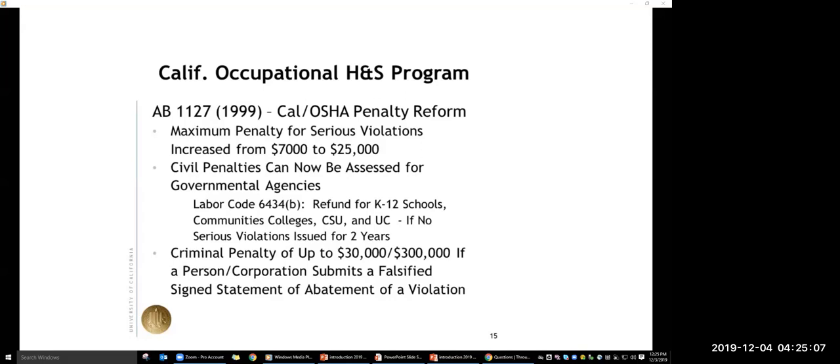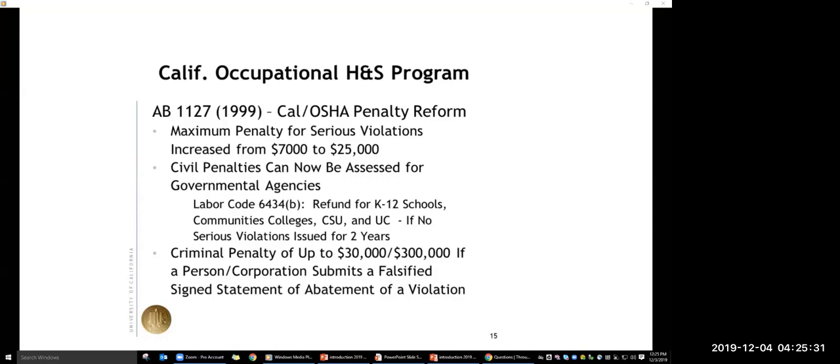Major changes were: 1, the maximum penalty for serious violations increased from $7,000 to $25,000. 2, government agencies were no longer exempt from paying civil penalties for Cal-OSHA violations. However, there was an exemption added for K-12 schools, community colleges, CSU, and UCs.